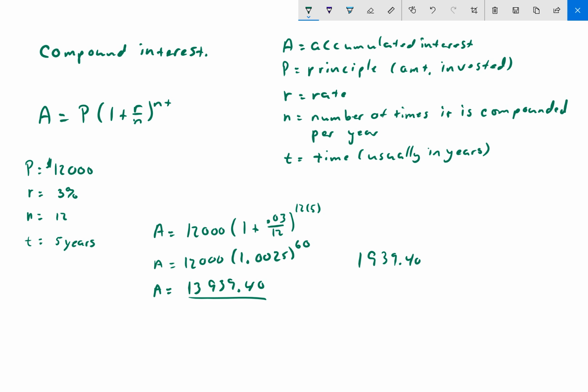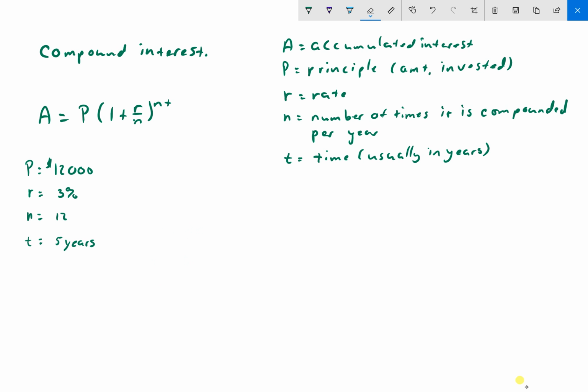If you happen to get lucky and you're compounding it annually, then N equals 1. And nice things happen. So same question, except N equals 1, you'd get A equals 12,000.